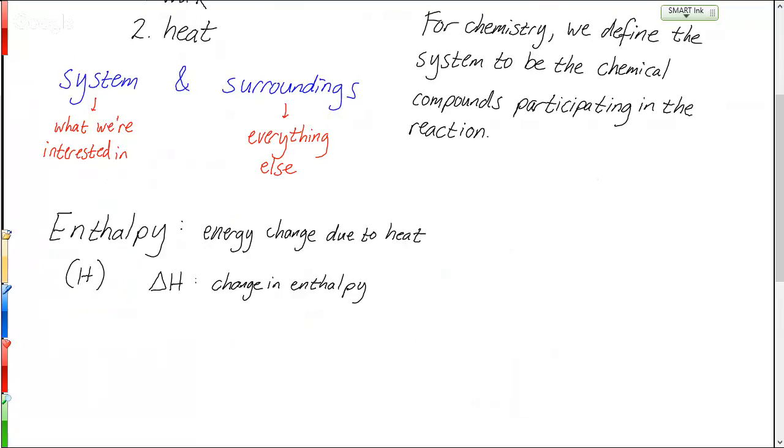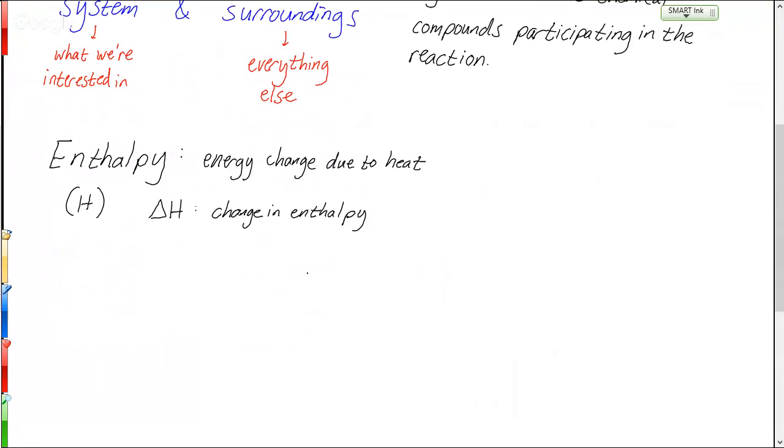Does anybody know what the variable is for heat itself, just pure heat? It's not H. Yeah, it's Q. So it would make more sense for it to be H, right? Weird. All right, so we can talk about the change in enthalpy of a chemical reaction. How does the heat flow in a chemical reaction? Let's look at one that we know.